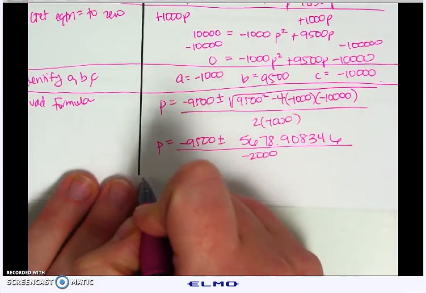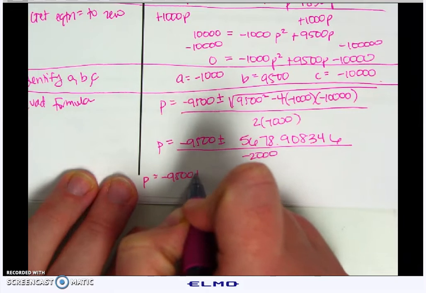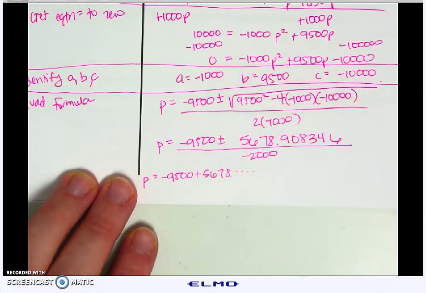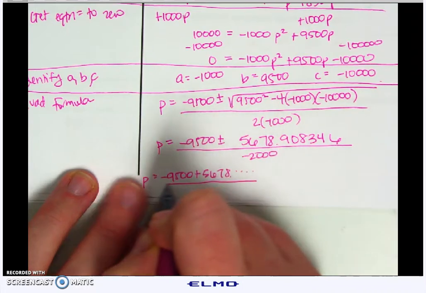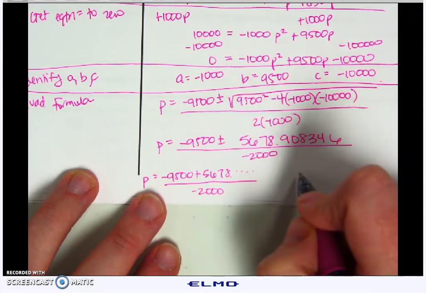Okay. From here, we split it apart. We have negative 9500 plus 5678 point... I'm going to put the dots, but know that in my calculator I'm going to be putting in all those decimals. Divided by negative 2000.